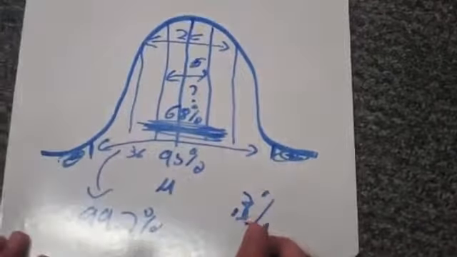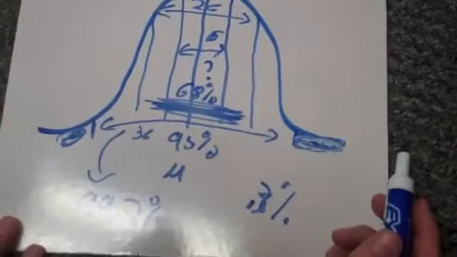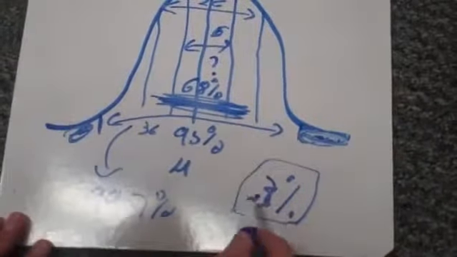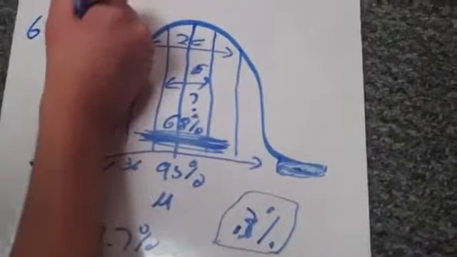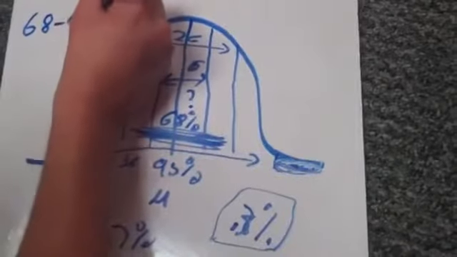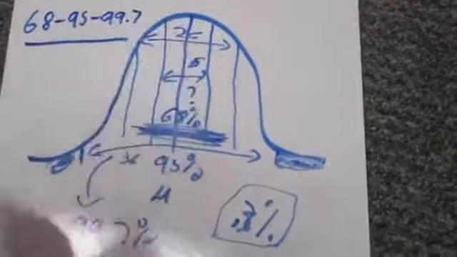That is a really low number. Also, they can be considered outliers. So that's the empirical rule, which is basically, for you to remember, 68, 95, and 99.7. I hope this helped.